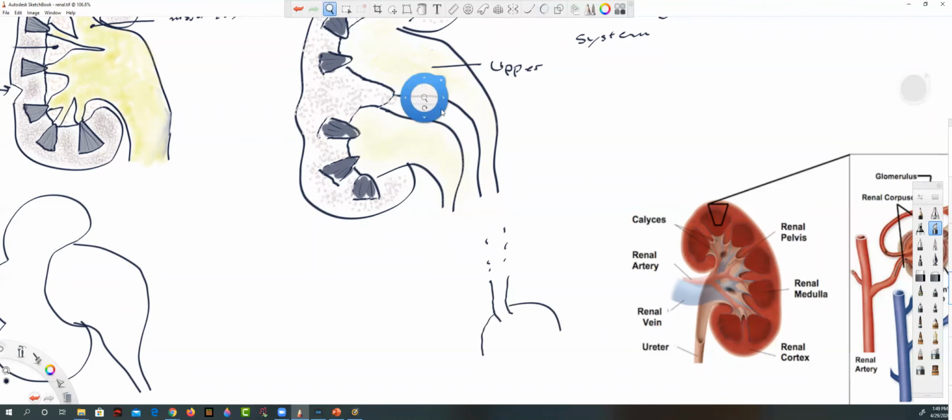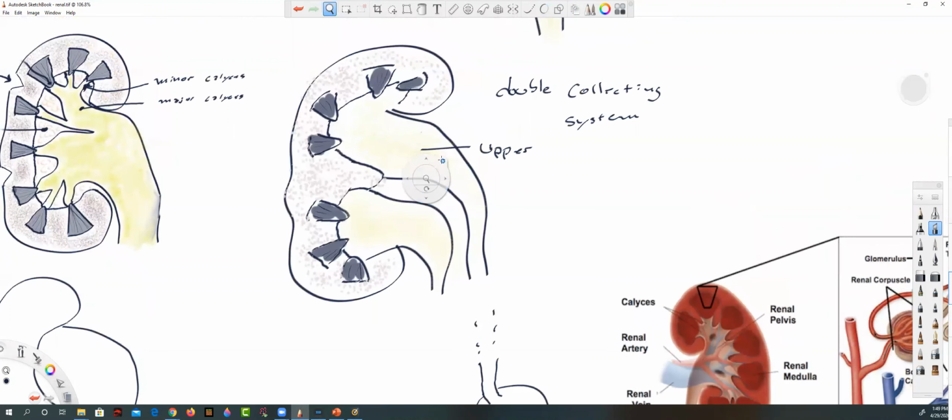For some reason, I was going to look up the Latin. I'm sure it's Latin. What happens is we get hydronephrosis. Hydronephrosis is varying amounts of fluid buildup in the collecting system. So let's write that down.